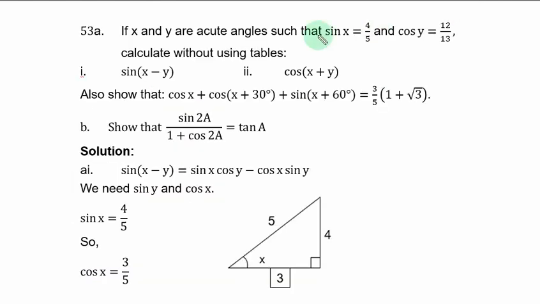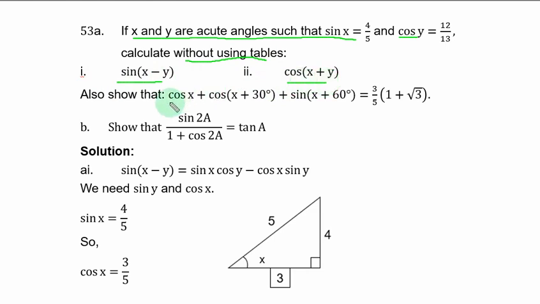Example 53a. If s and y are acute angles such that sin s is equal to 4 over 5 and cos y is equal to 12 over 13. Calculate without using tables. Roman figure 1, sin(s minus y). Roman figure 2, cos(s plus y).